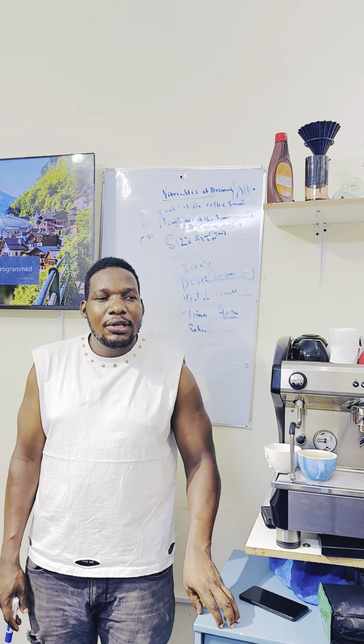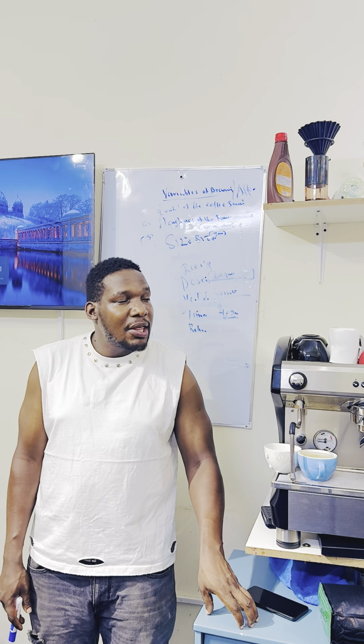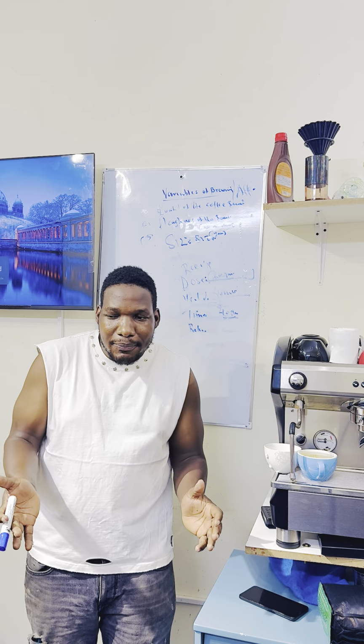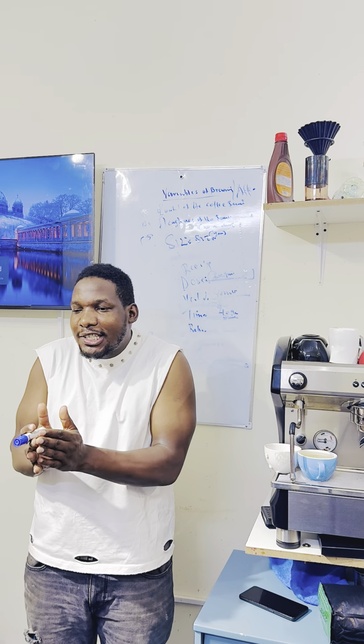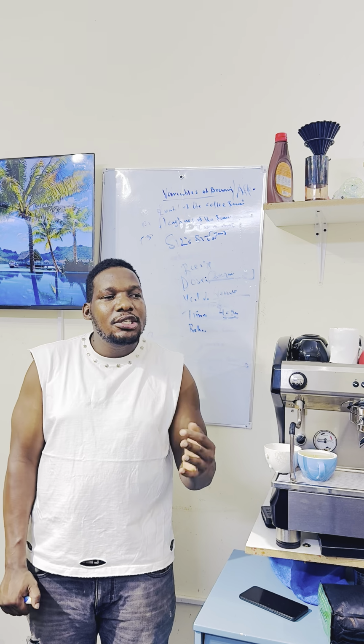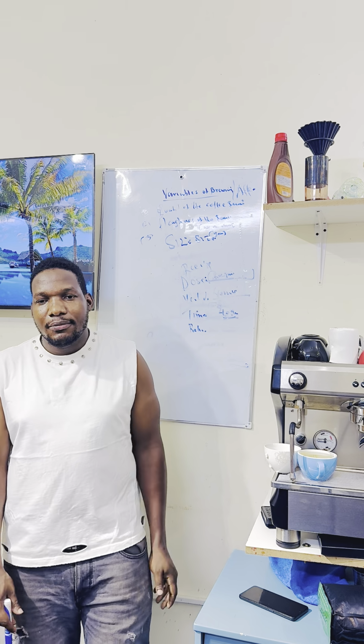We want the flavor, but these flavors are within the coffee grounds. So we need to give these coffee grounds a brew time. They need to hug each other, to kiss each other for about 3 minutes. Within these 3 minutes, water might have extracted what you wanted.